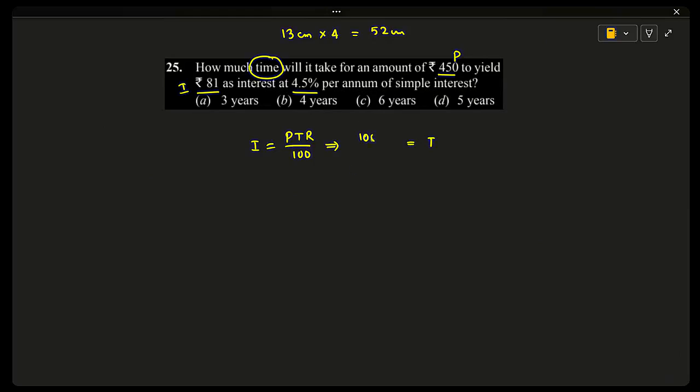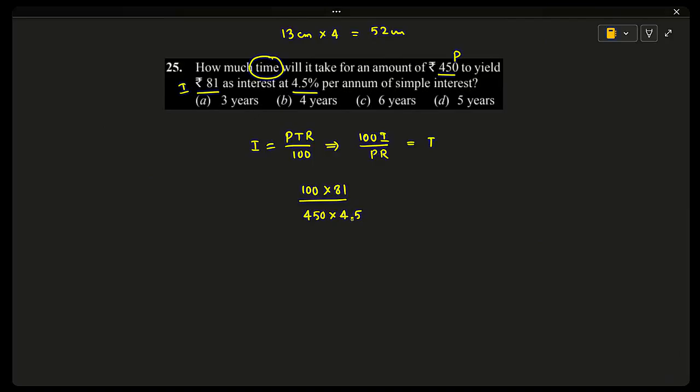Let time be on that side only, remaining you can take to the left side. 100 comes here, multiplies: 100 into I divided by PR. So the time formula will be 100I divided by PR. So 100 into interest will be 81, principal is 450 rupees and rate of interest is 4.5. From this we will get the answer, that is time.